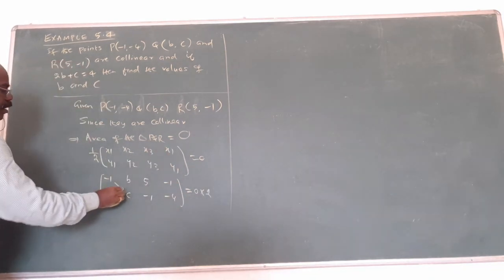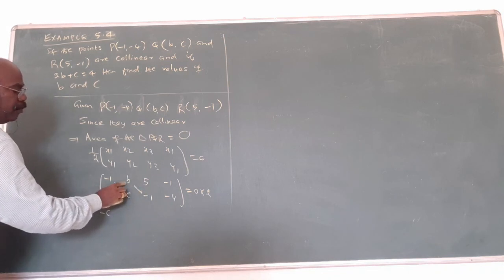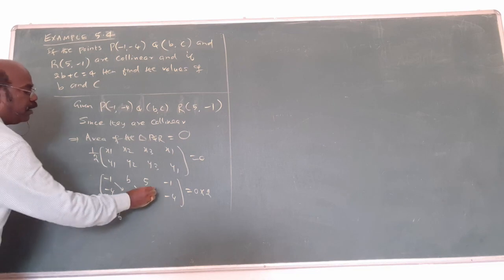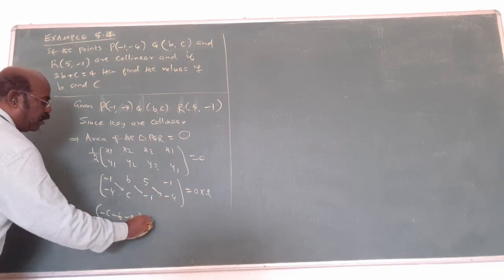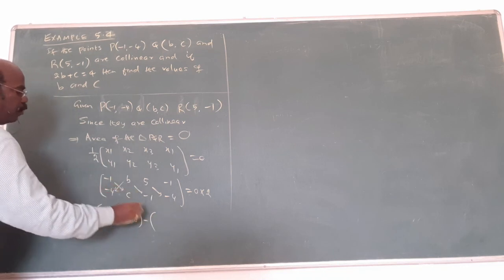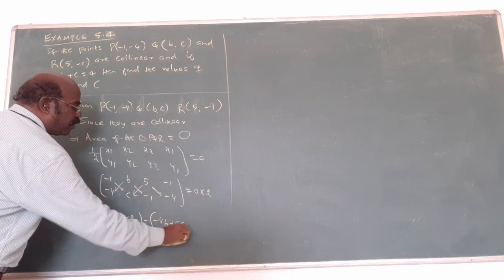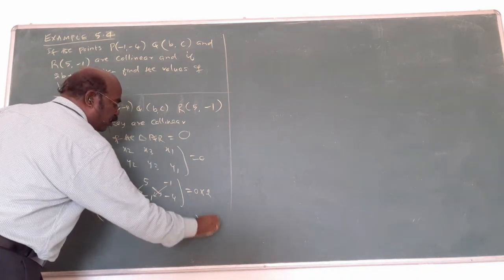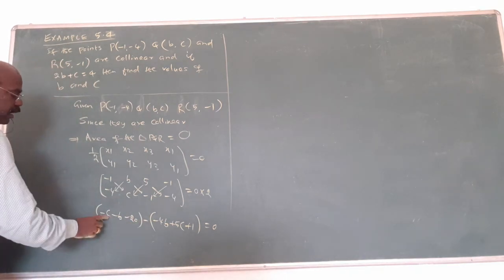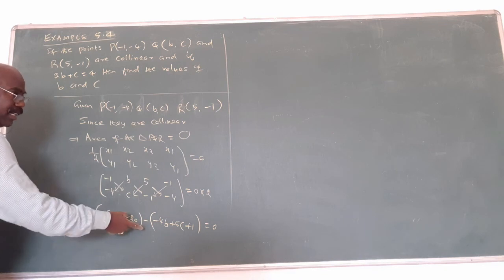Now multiply: minus 1 into c, minus c, minus b into minus 1, minus b, 5 into minus 1, minus 5, minus 4b, plus 5c, equal to 0.